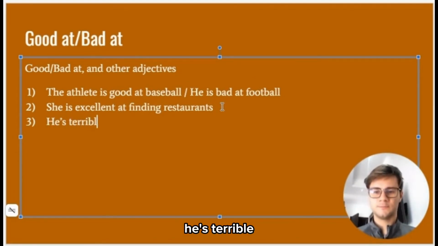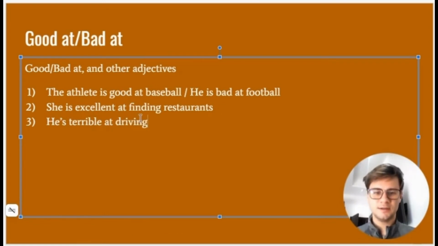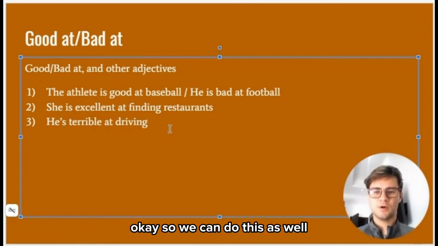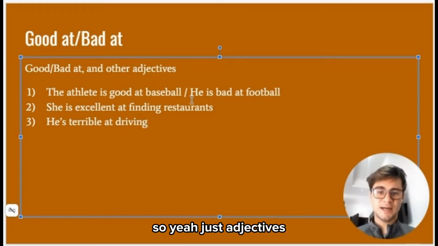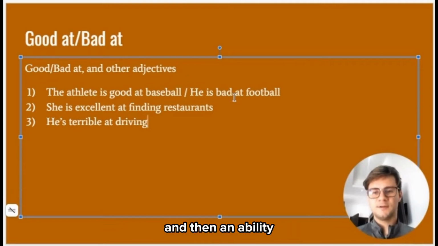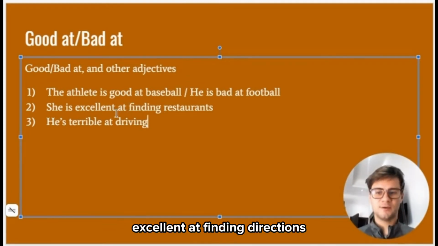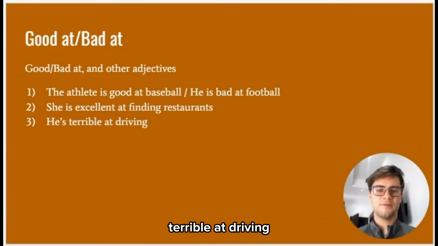He's terrible, this is a negative one, at driving. So we can do this as well. Just adjectives and then at to come after it, and then an ability. So good at baseball, excellent at finding directions, terrible at driving.